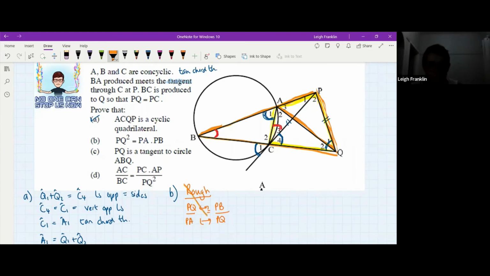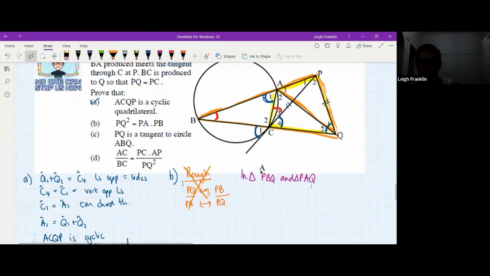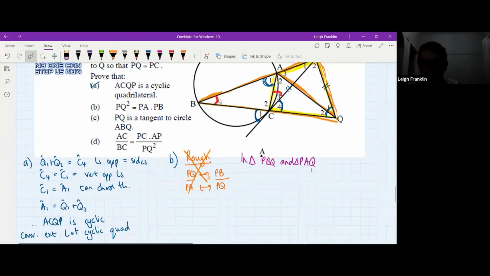Okay, so now that we've identified this, we are ready to write down in triangle PBQ and triangle PAQ. All right.